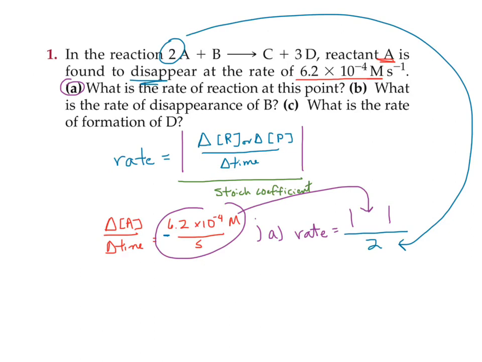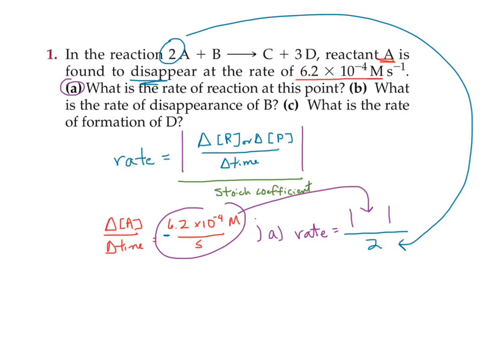Okay. So one looks like this, where you basically have A and B going to form C and D. And they give you information about A, which has a coefficient of 2 in front of it. But they say the rate of change of A is, and it would be negative, right? 2.0 times 10 to the -4th moles per liter per second.